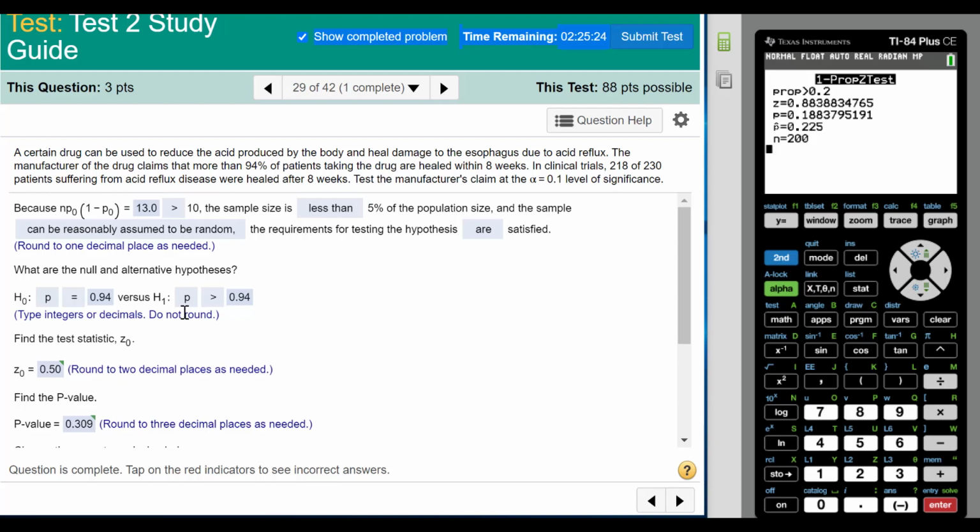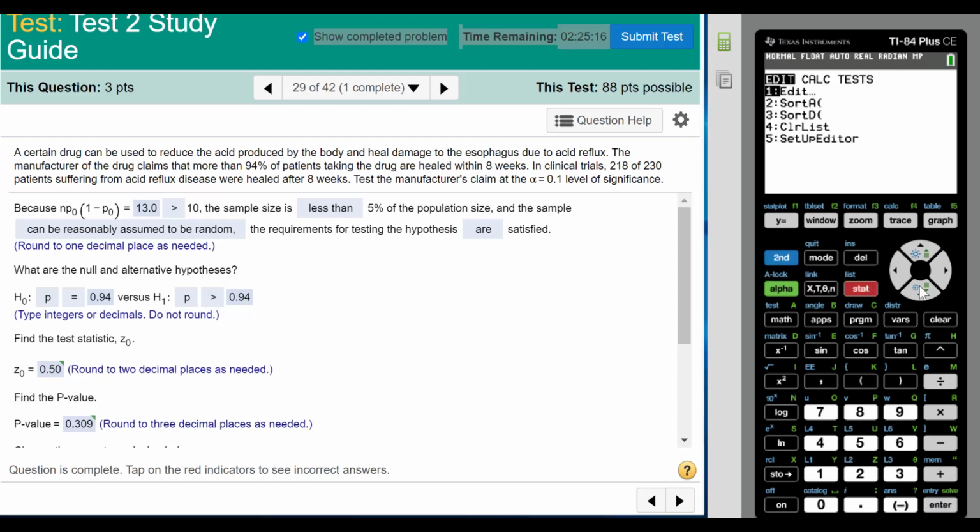What is it that we need to test? We need to test that more than 94%, so you can see why P is greater than 94%, and here's how you do it. So you go to Stat, Proportion Test. We're still doing proportion. This is section 10.2. Enter. 0.94 is the value from the null hypothesis. Oh, not 96, it's 94, sorry.